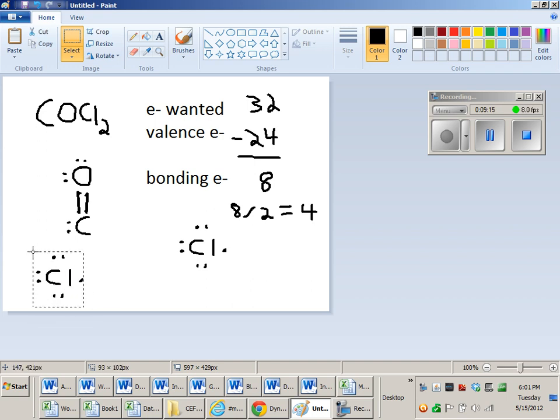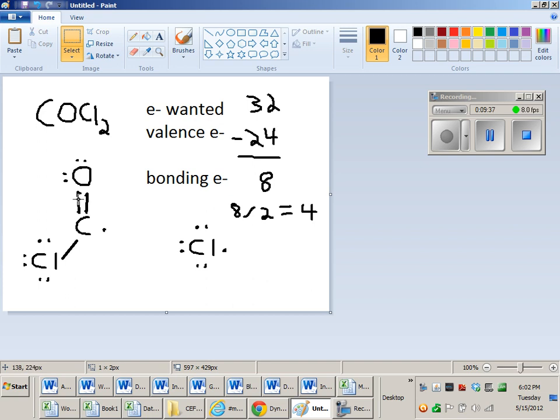So let me get this a little bit closer. Okay. So what if we take an electron from carbon, an electron from chlorine, and make a bond? And do it with a line so it looks nice instead of a squiggle.